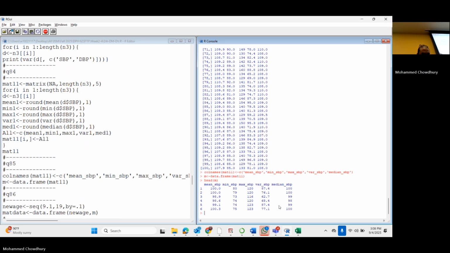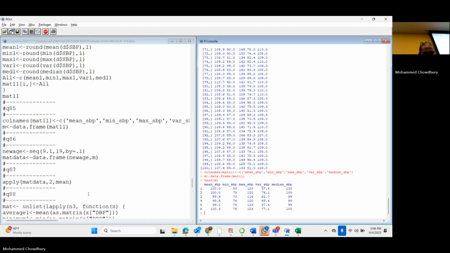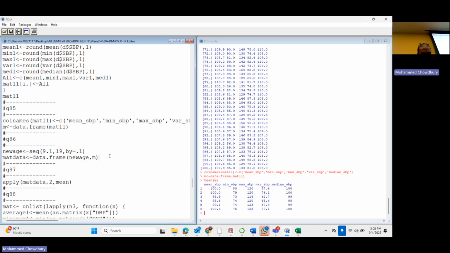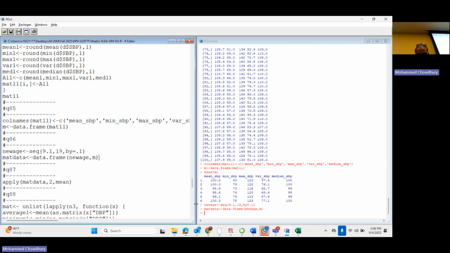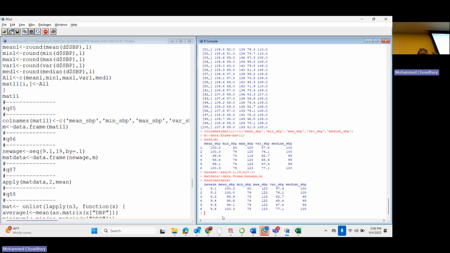Okay. So this is what we did. If I want to add an age variable there, then this is the age variable. Then if you take a look at the mat data, that is the mat data.